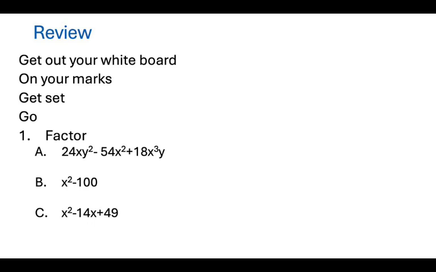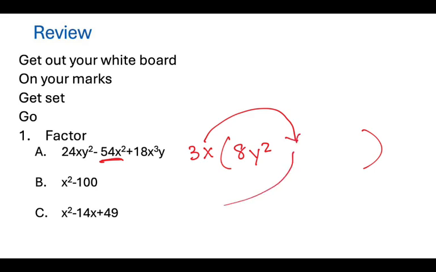Welcome back. Keep those answers there. We're going to do letter A here. We're going to take out the number 3, and we're going to take out an x in all of them also. When we do that, we will have left 3 times what gives us the 24xy squared, and that will be 8y squared. We have the 54x squared next, and 3x times what gives us the 54x squared?